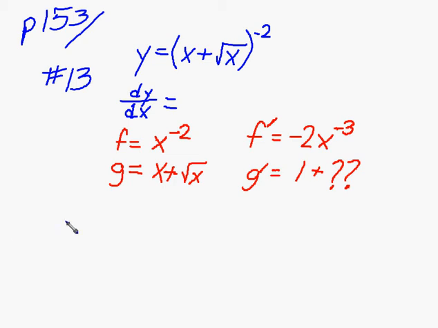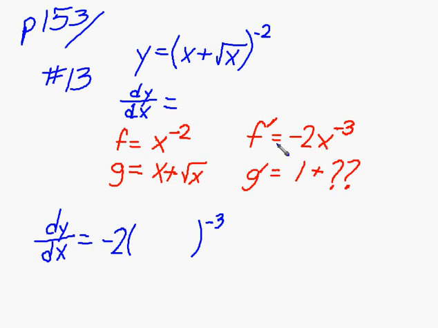So let's go ahead and do as much as we can and know that we're not going to have the exact answer here. dy/dx should be f prime of g. We can do that much because we know f prime and we know g. It should be negative 2 times something to the negative 3. Negative 2 times the input to the negative 3.